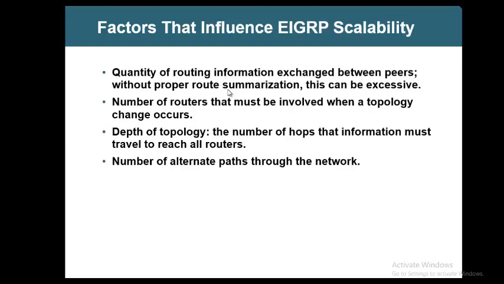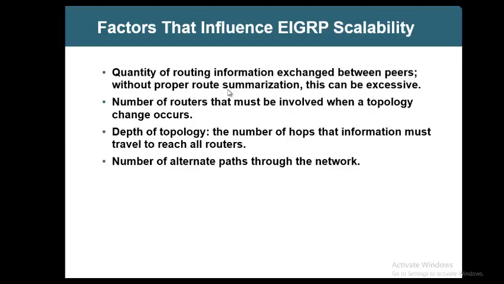Fourth, the number of alternate paths through the network. If you have more alternate paths, it's going to be highly scalable, rather than keeping only one path. Physically you may have an alternate path, but the alternate paths that are there did not satisfy the feasibility condition.